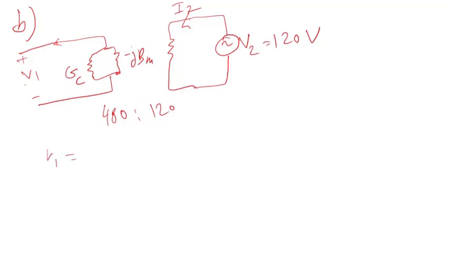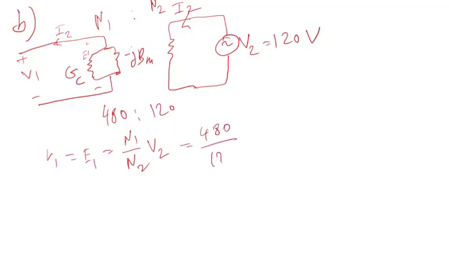Now, since winding 1 is not connected to anything, the current is 0, so V1 is equal to E1, which is across the winding, N1 divided by N2, number of turns on winding 1 over number of turns on winding 2, times V2 rated, which is 480 divided by 120 times 120.